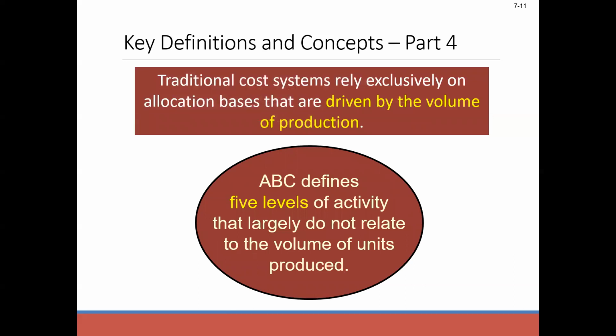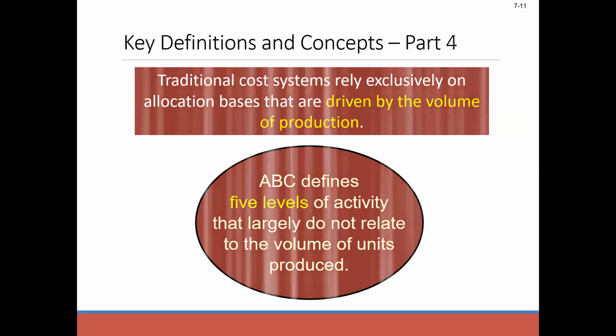Traditional costing systems rely on allocation basis driven by volume. But ABC defines 5 levels of activity that largely do not relate to the volume of units produced.